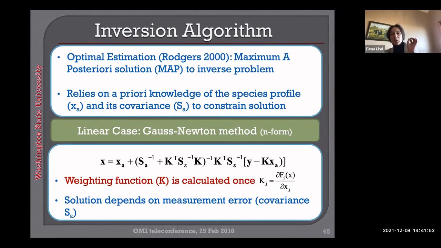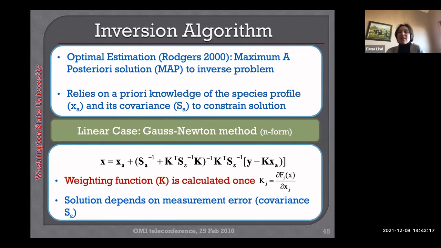However, what I do want to emphasize, this is obviously statistics, is a Bayesian solution. So it relies on a priori knowledge of the species and its covariance matrix to constrain the solution. What does this mean? It means that you're propagating your a priori information into your solution.